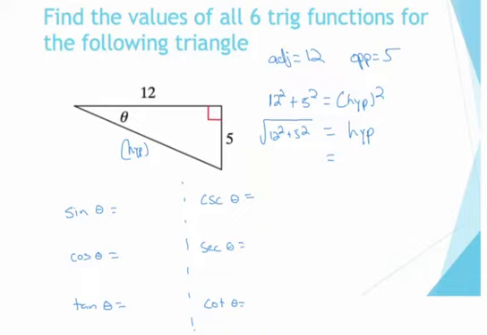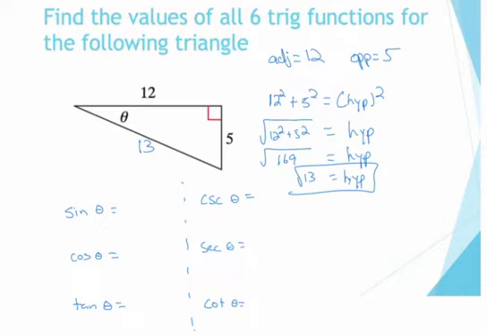And 12 squared is 144, and then 5 squared is 25, so that's going to add to 169. And then the square root of 169 is 13. Okay, so I have now solved for the hypotenuse, and I'll go ahead and just label it right here on the diagram to be 13.